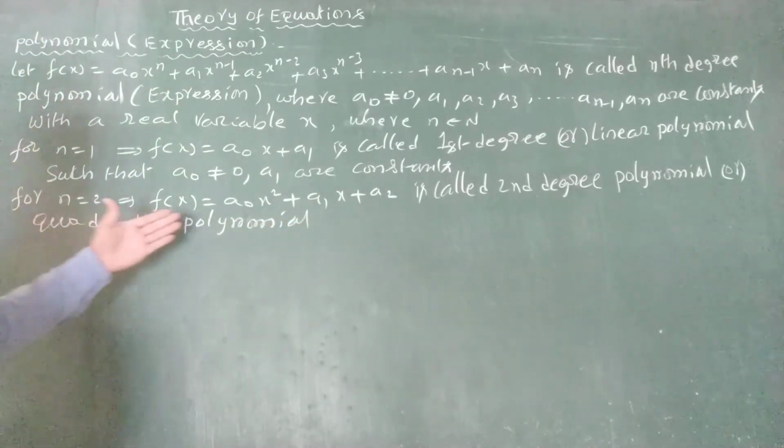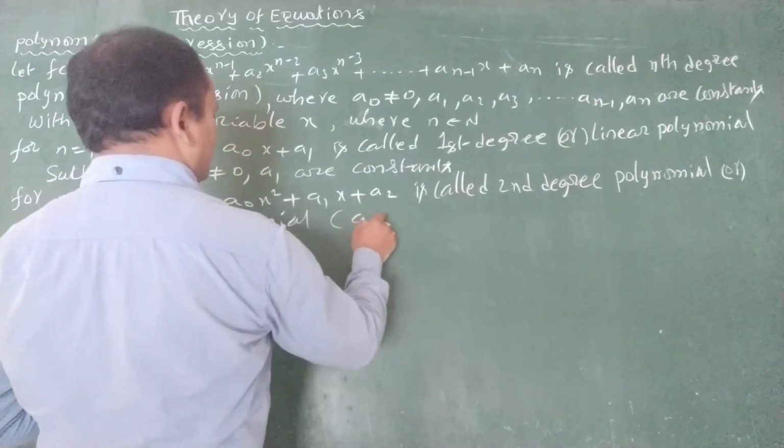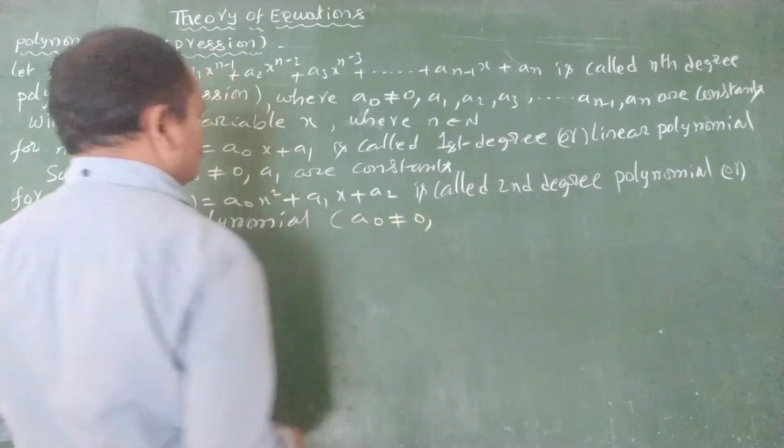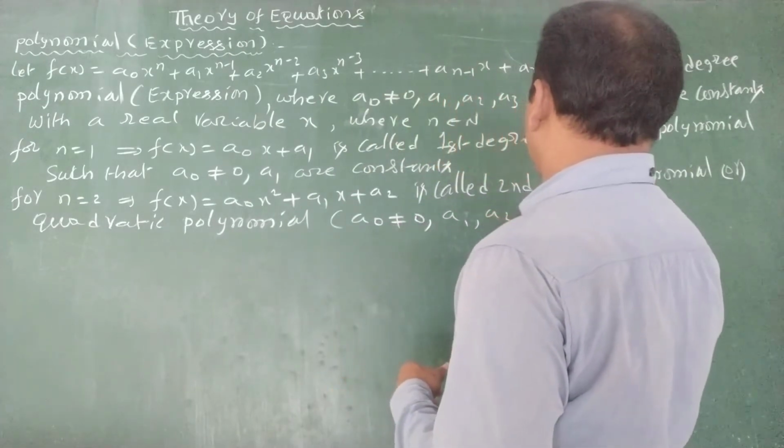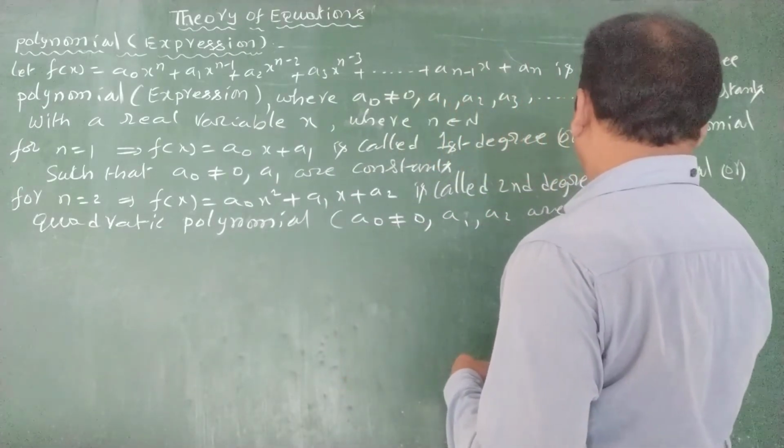That's all. Here also a naught not equal to 0, a1, a2 are constants.